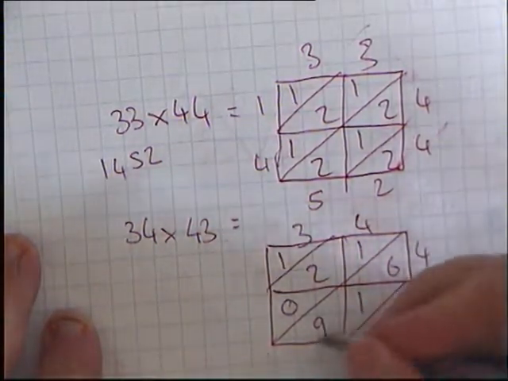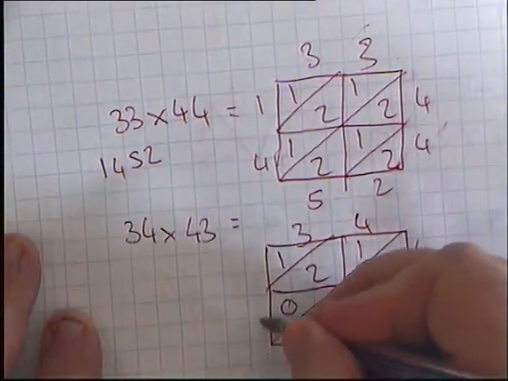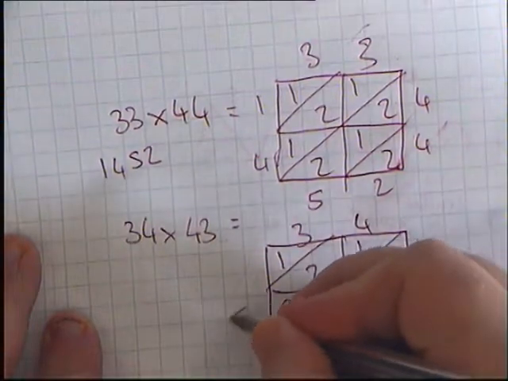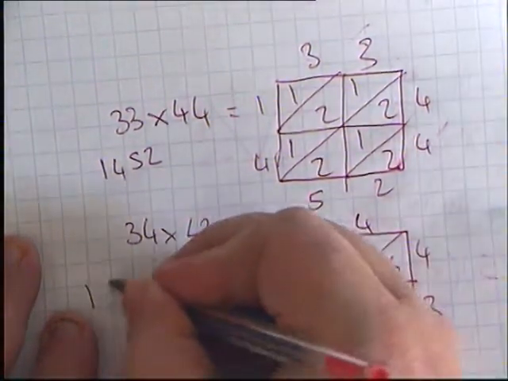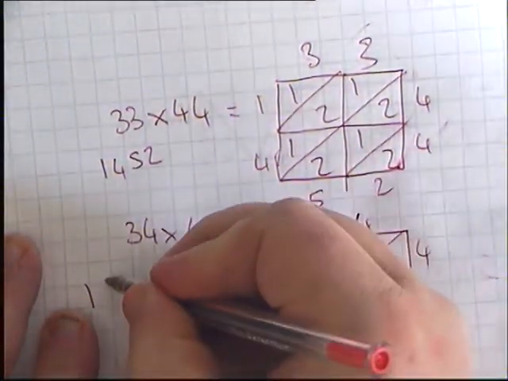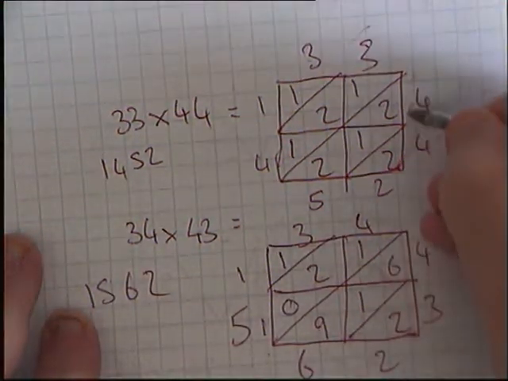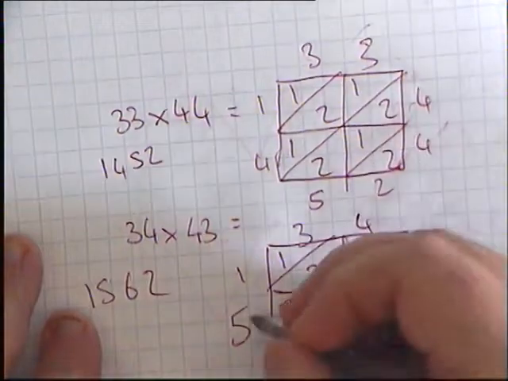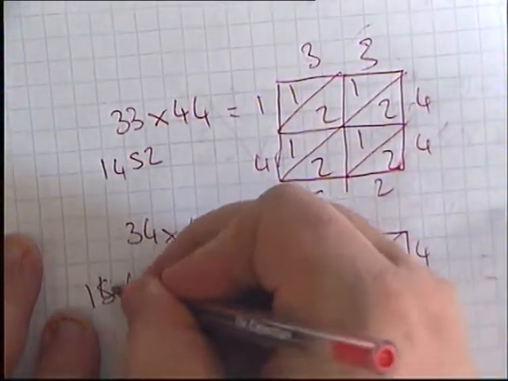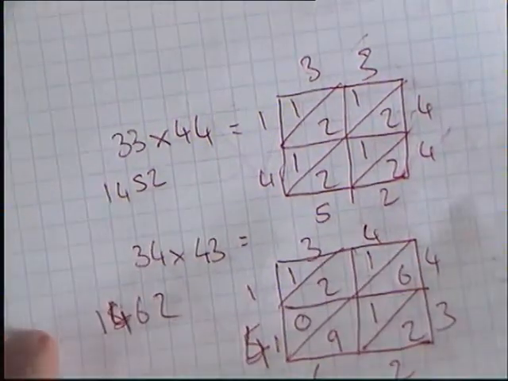Add them up: 15, 16. Carry the 1. 4, 5, and a 1. So that's 1, 5, 6, 2. That's 4, sorry. 1, 4, 6, 2. No, even I make mistakes sometimes.